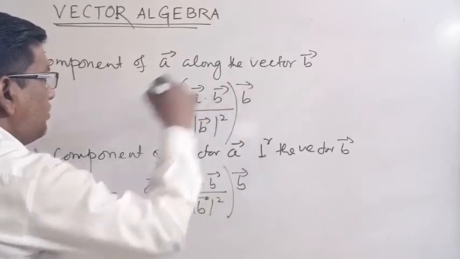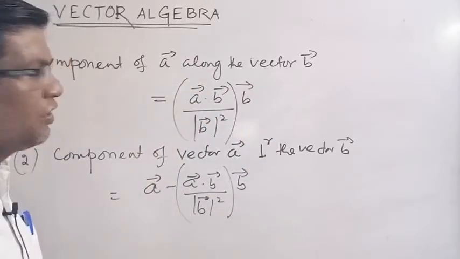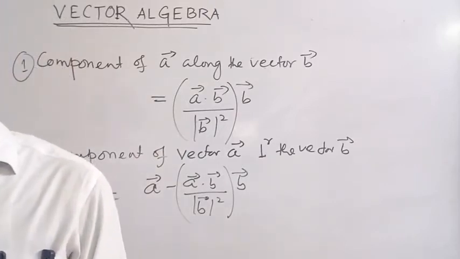This is B vector. These are two formulae for how to find the component of the vector along the vector and perpendicular to the vector. Clear?